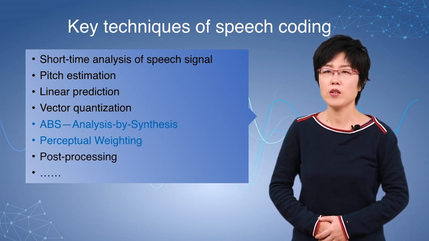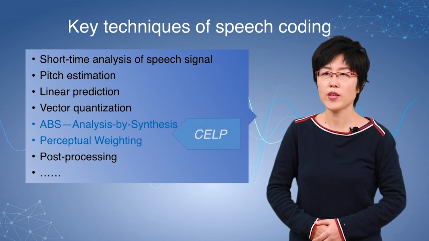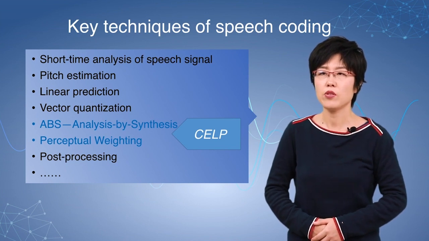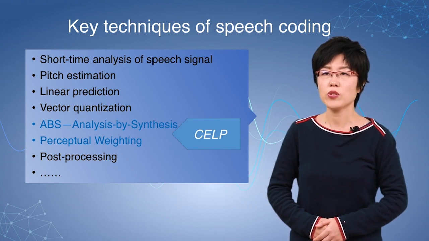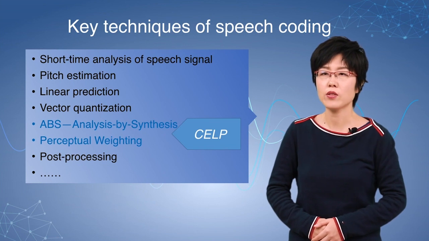The techniques ABS and perceptual weighting have been used in CELP-based codec, the scheme of which was introduced in last session. For speech coding, there are some special improvements to enhance the performance.